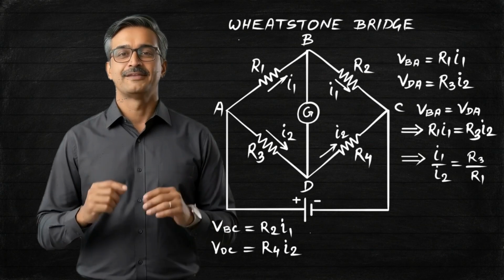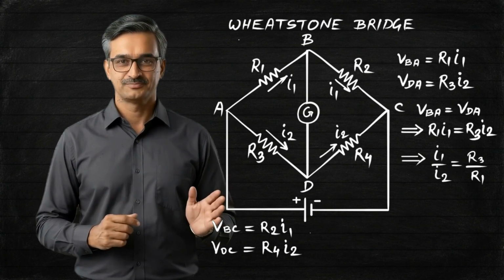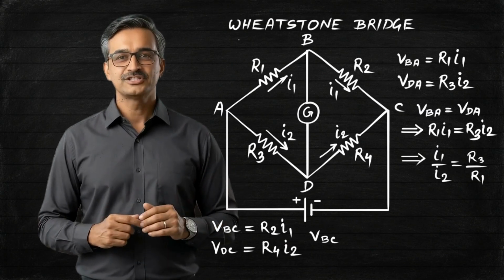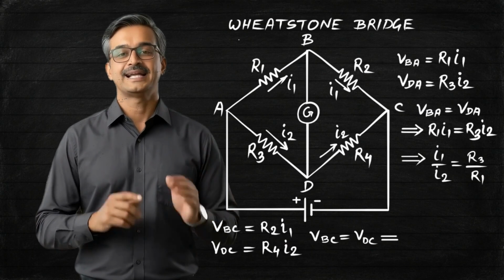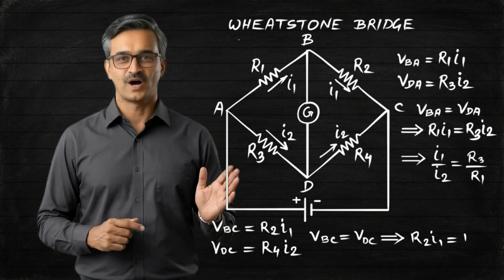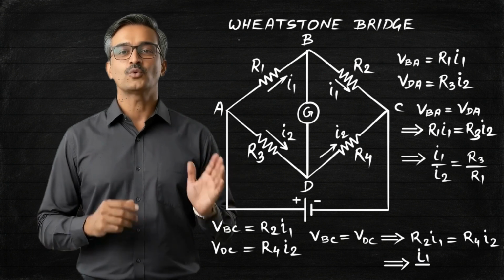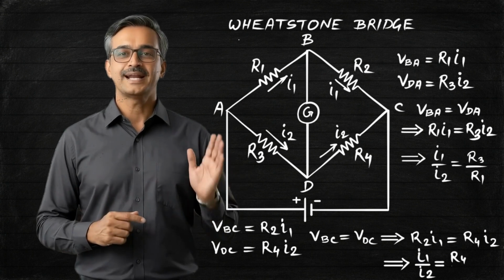So from here, as we have already said that the potentials of B and D are equal, we can also write VBC equals VDC. This implies R2 I1 equals R4 I2. From here, we can write I1 by I2 equals R4 by R2.